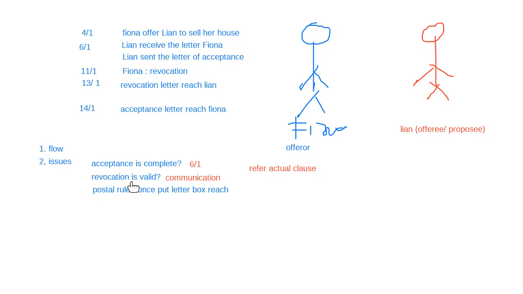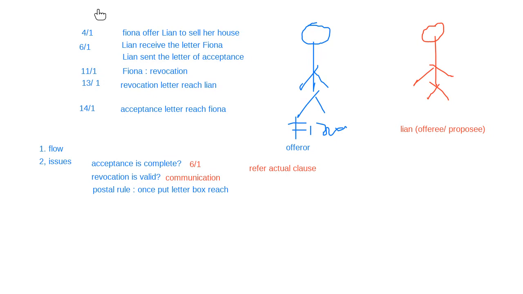Okay, the second issue is revocation. And then what clause you have to refer to mention revocation. Do not copy the clause in the Contract Act exactly. You have to explain the clause and refer to the scenario in order for you to conclude whether at the end who will win the case, who is liable, who is able to claim for breach of the contract.